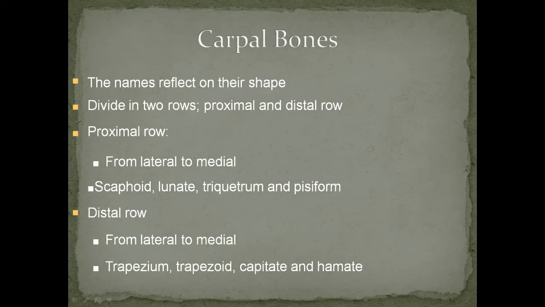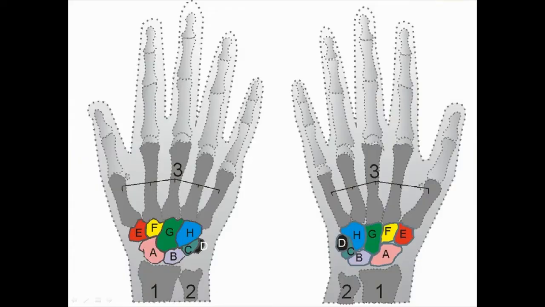In the distal row, from lateral to medial, there are trapezium, trapezoid, capitate, and hamate. So these bones are arranged in two layers, and the carpal bones also make the wrist joint.